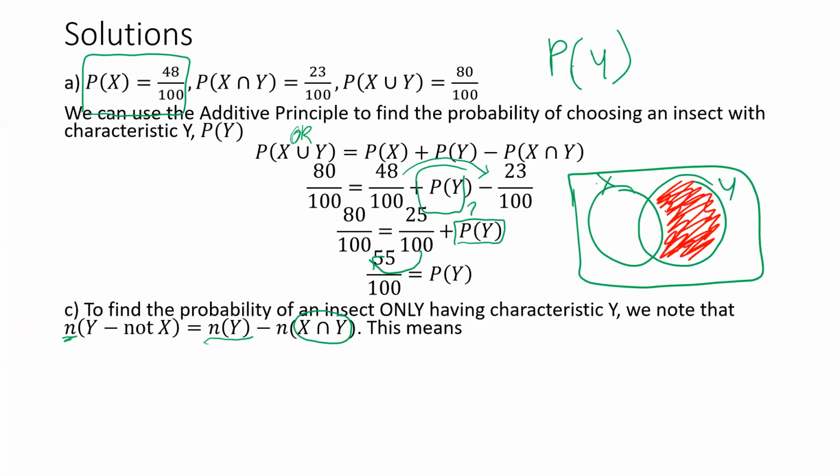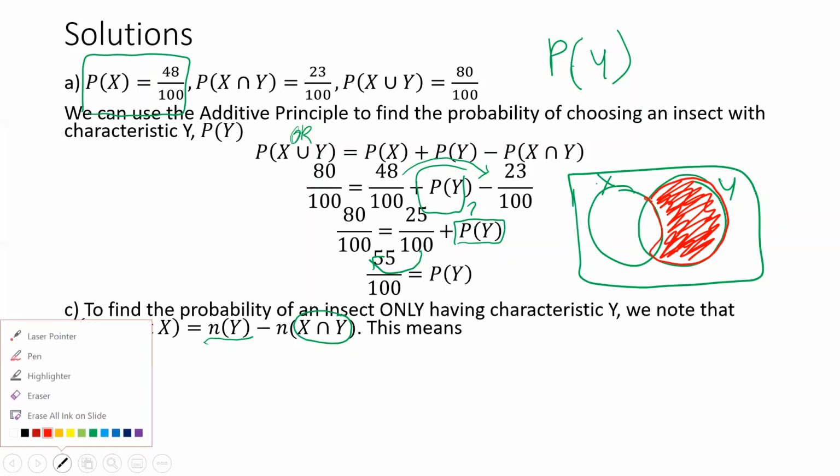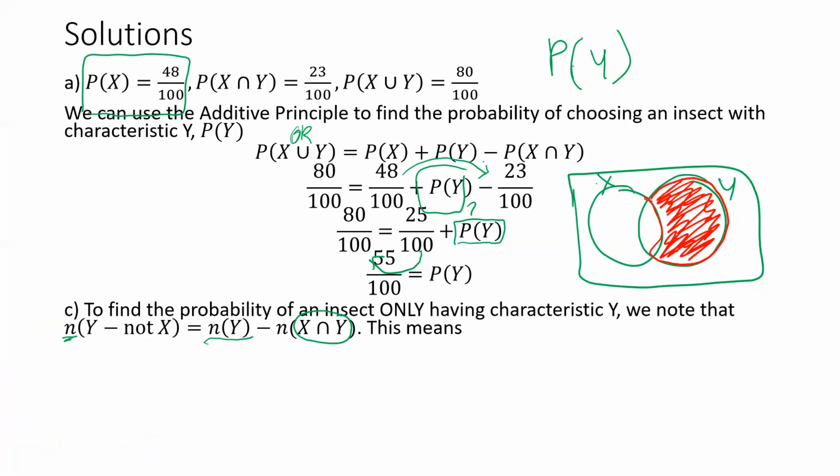So it's in y, but very strictly not in x at all, right? So all we really want to do is subtract off the intersection of x and y. This right here is the intersection of x and y, and we want to subtract that intersection from y. So hopefully that makes sense.